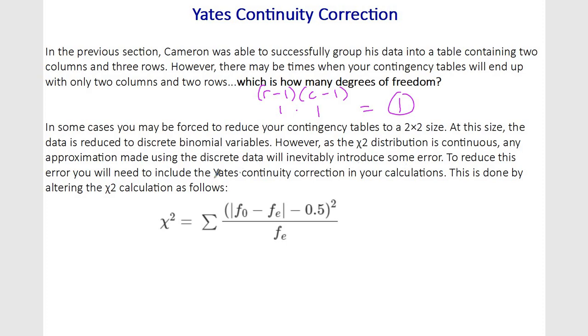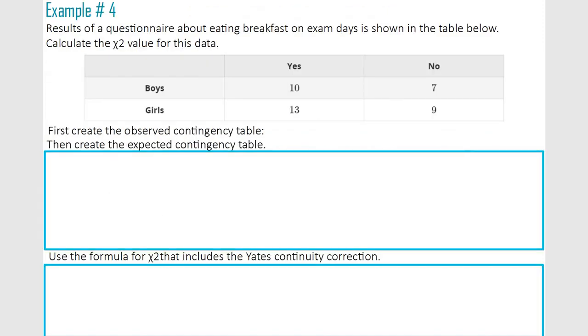To adjust, we use the Yates continuity correction. We use this when we only have 1 degree of freedom. We adjust for it by subtracting 0.5 from all those differences. As always, an example's easier to explain. Here we have a questionnaire about eating breakfast and your gender.